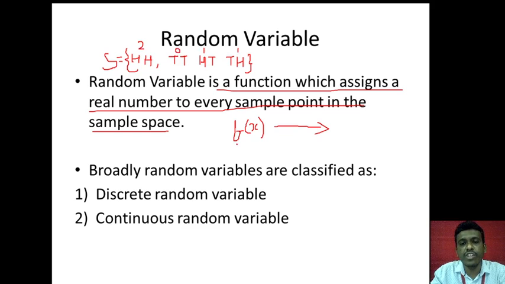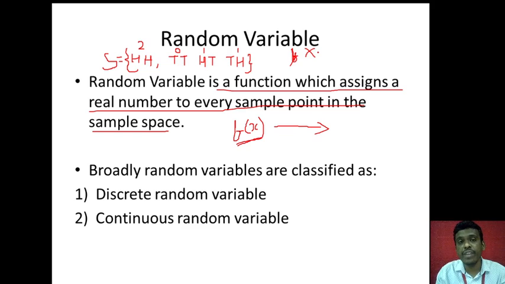So suppose the function is, you have to find the number of heads that are coming. If x represents a function, or a variable, which gives the number of heads that will come when you toss two coins simultaneously. How many heads might you get at the maximum? 2 heads.